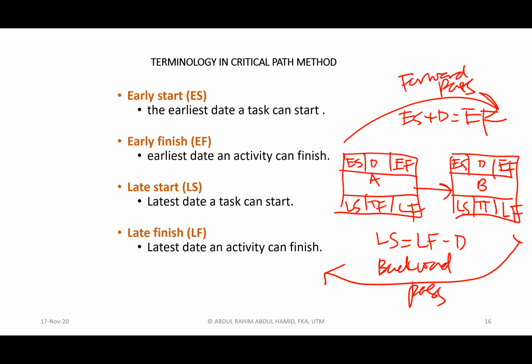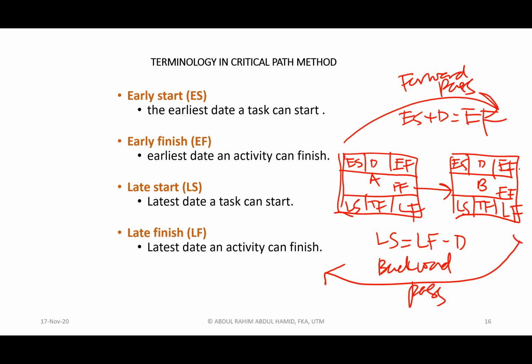Total float, because at the end of the calculation, this can be considered as a complete calculation of values, but something is missing. What is the missing point? It is basically the free float, FF. So the free float, you can put it wherever you want.